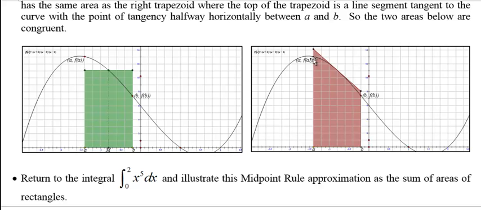So secant line at both ends for the trapezoid rule, tangent line in the middle for the midpoint rule. Or rectangles: the midpoint rule gives us a rectangle where we take a point halfway in between horizontally, find the height there. Trapezoid rule, you take the left and right values, find the height in between those vertically, and draw your rectangle there.